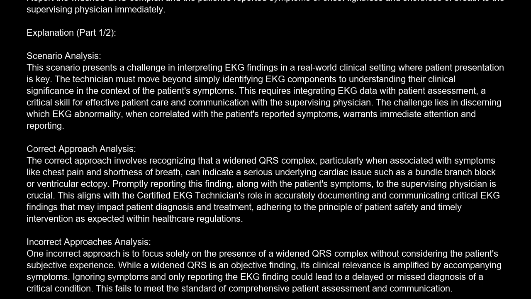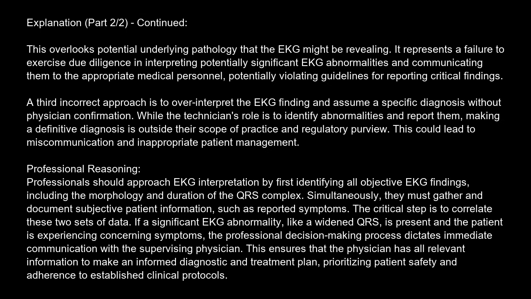Another incorrect approach is to dismiss the widened QRS complex as a normal variant without further investigation or reporting, especially when the patient is symptomatic. This overlooks potential underlying pathology that the EKG might be revealing. It represents a failure to exercise due diligence in interpreting potentially significant EKG abnormalities and communicating them to the appropriate medical personnel, potentially violating guidelines for reporting critical findings.